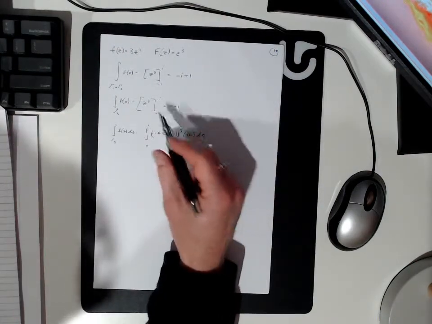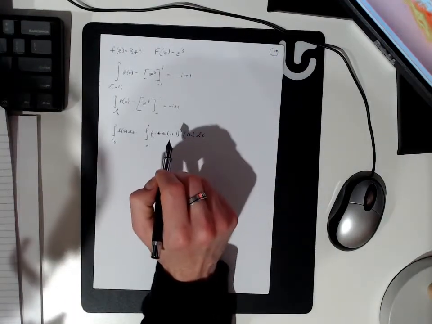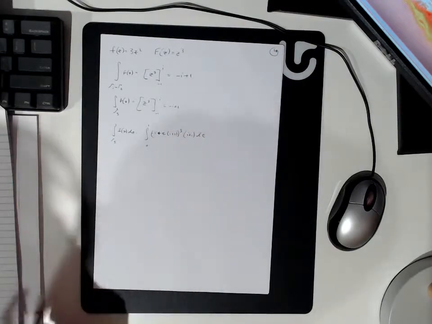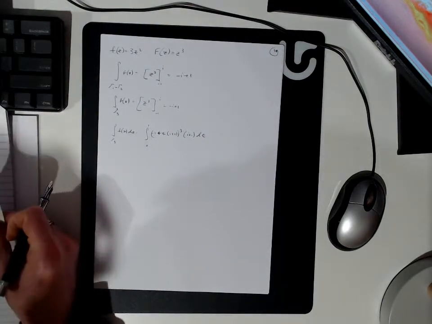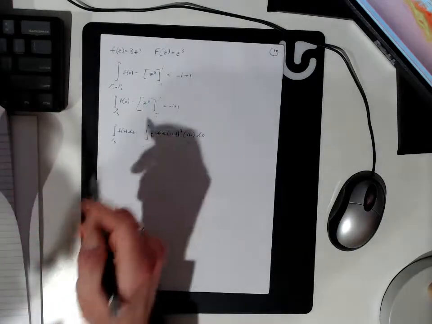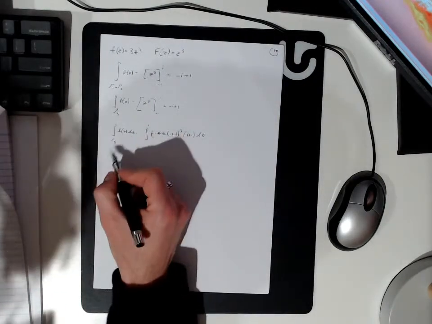Work it out. You should find that it's equal to the same thing, which is great. And if you don't, then either you or I have made a mistake. So this is an important example.